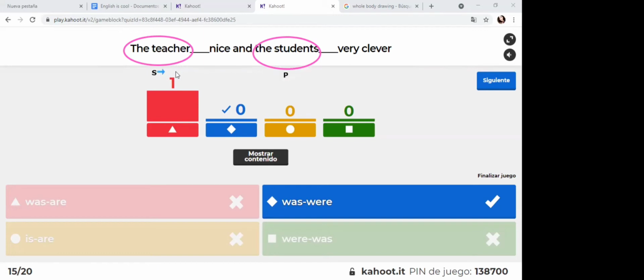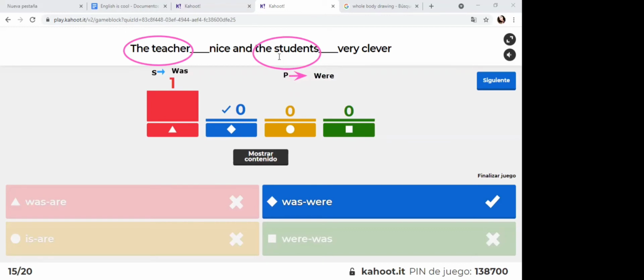Here we go. With singular subjects, we generally use was. I was, she was, he was, it was, my mother was, my father was, the teacher was. And with plural, we generally use were. So were goes with plural nouns.